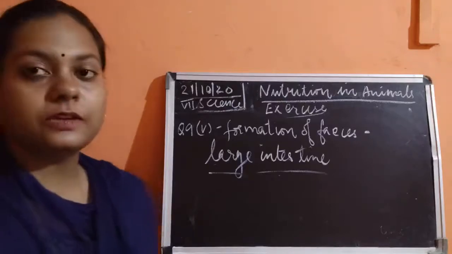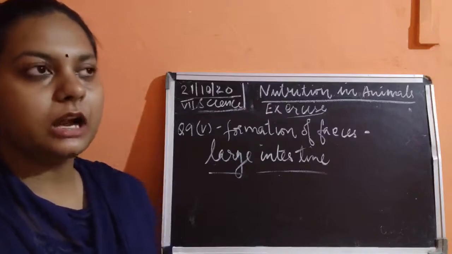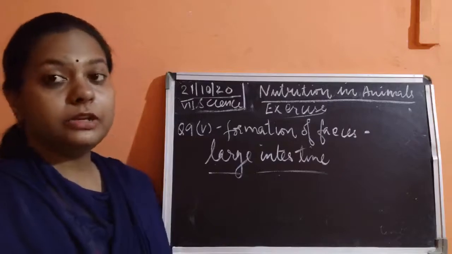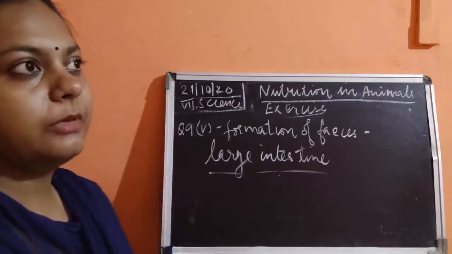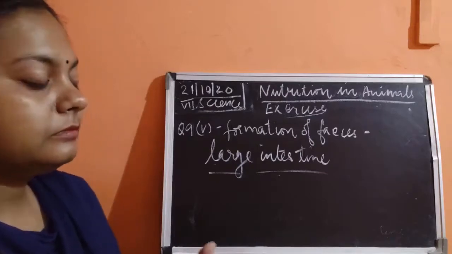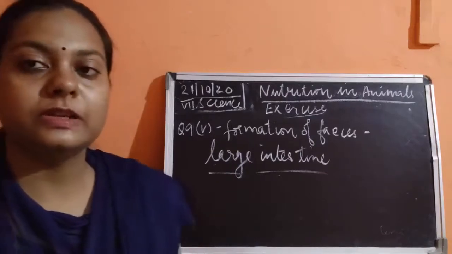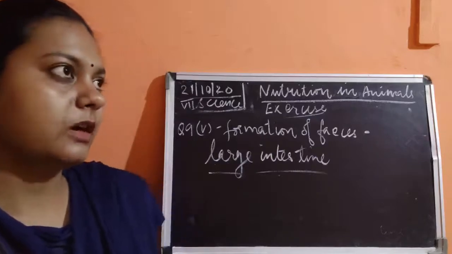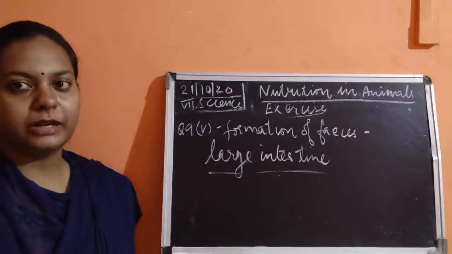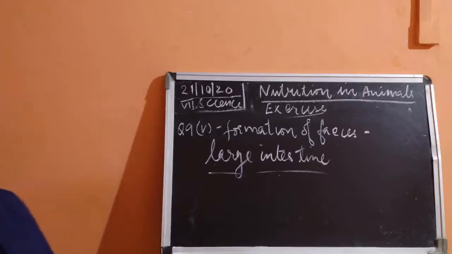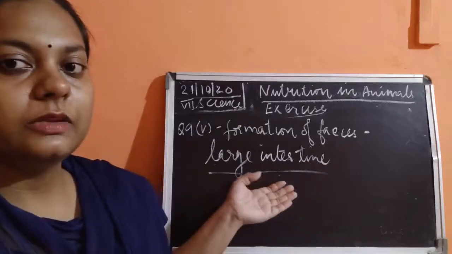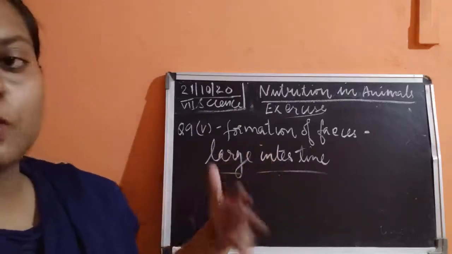When the digested food material comes into the large intestine, all the complete nutrients have already been absorbed by the villi of the small intestine. All the glucose, amino acids and fatty acids are absorbed. We are only left with some undigested food material. Once it reaches the large intestine, the large intestine absorbs water also.